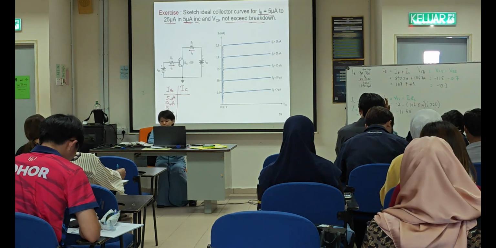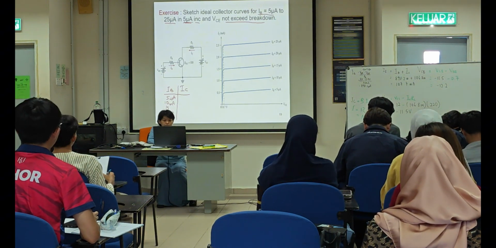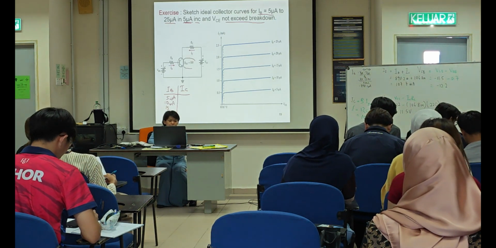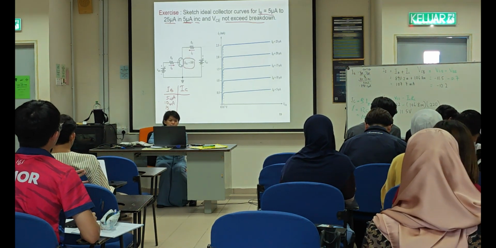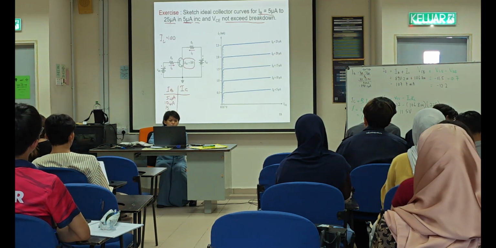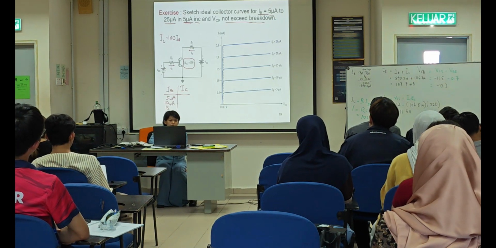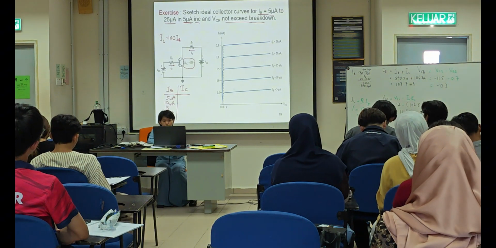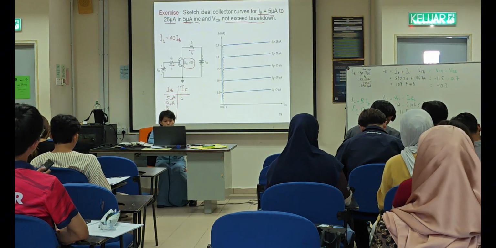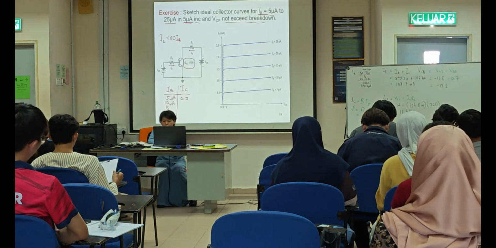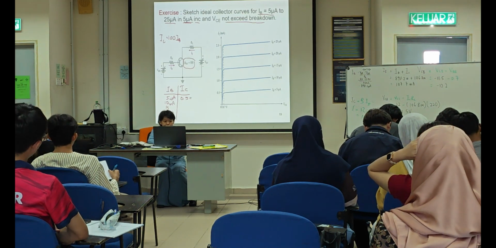Then you can calculate your IC. To calculate your IC, your beta is 100, right? So your formula is IC equals 100 multiplied by your IB. 5 milliampere multiplied by 100, you get 0.5 milliampere.